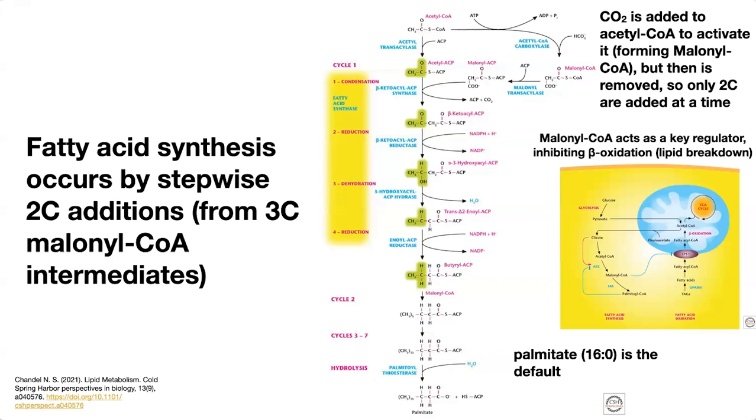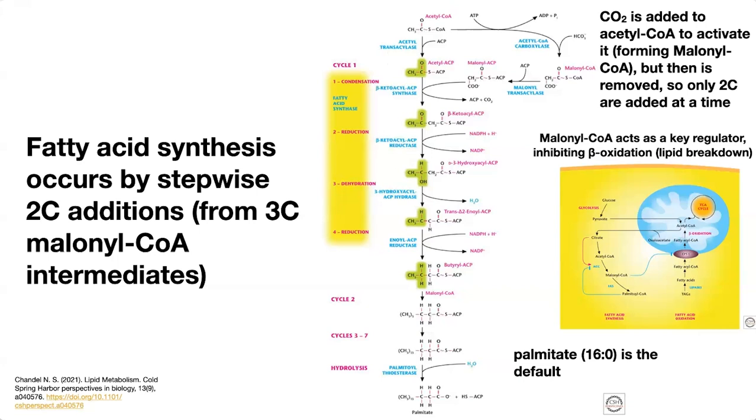So as we'll talk about later, fatty acid synthesis and fatty acid breakdown are going to be inversely regulated, similar to how we inversely regulated glycolysis and gluconeogenesis. In this case, malonyl-CoA is going to inhibit this CPT1 that we'll talk about, which is actually how we get fatty acids into the mitochondria for beta oxidation.